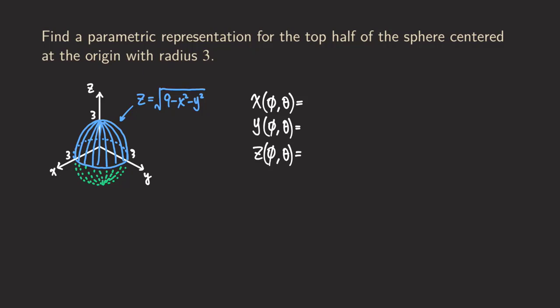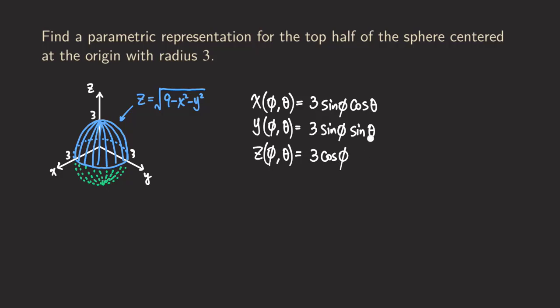Because the radius is 3, and we are including all the points on the surface, that means rho would be 3 in this case. And then we are going to use sine of the angle phi and then cosine theta. And then for the y, it would be 3 sine of phi and then sine theta. What about the z? The z would be 3 cosine of phi.